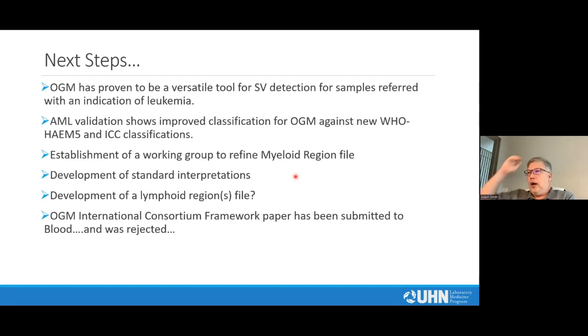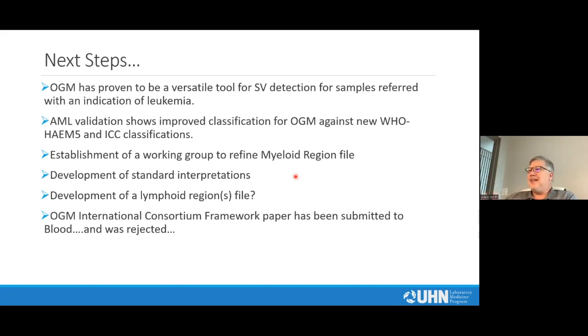The other thing, obviously, is that we have to start thinking about lymphoid region files. I don't know exactly how to do this yet, because there is a fair amount of difference in the lymphoid genes of interest, depending on the disease.